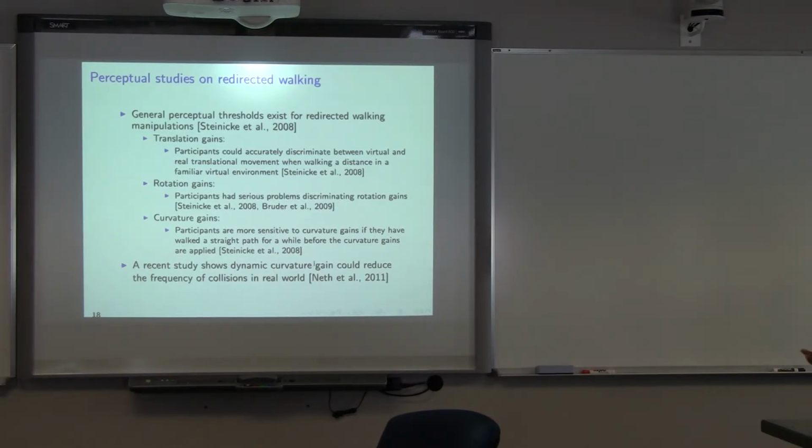Their experiments show that this algorithm can reduce the frequency of collisions in the real world. This study might also indicate that we can improve the redirect walking performance by using dynamic redirect walking techniques.